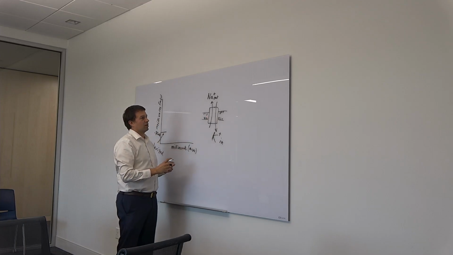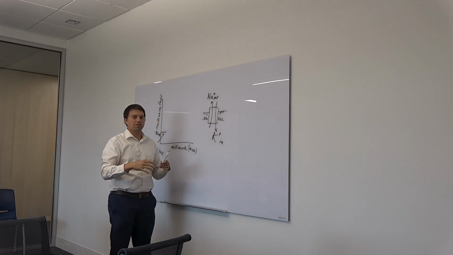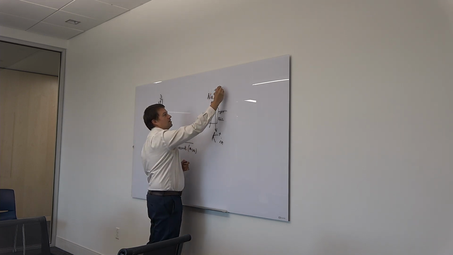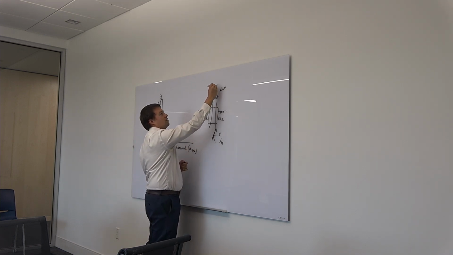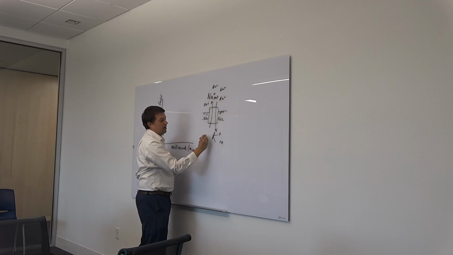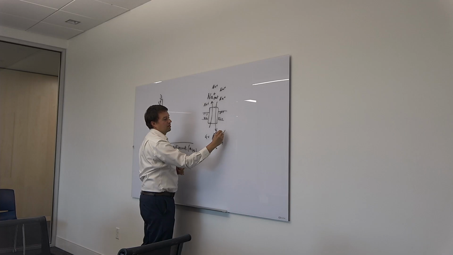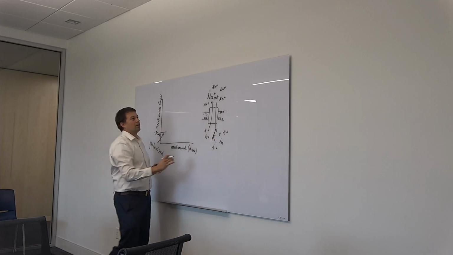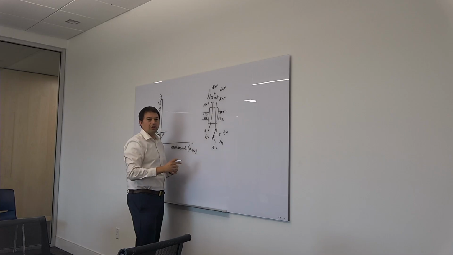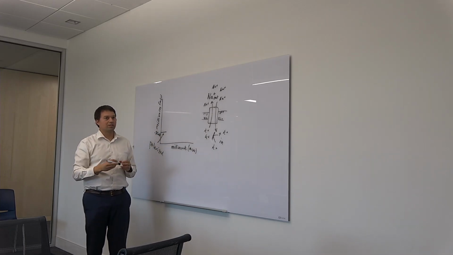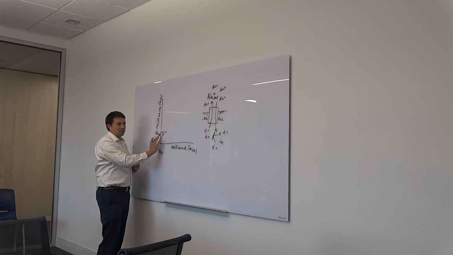This is an active process that requires burning energy in the form of ATP, and it maintains a high concentration of sodium on the outside of the neuron and a high concentration of potassium on the inside. Okay, so we call this the concentration gradient, where there's just a difference in concentration of these different ions on either side, on the two sides of the membrane. Okay, so that's kind of how things are right here.